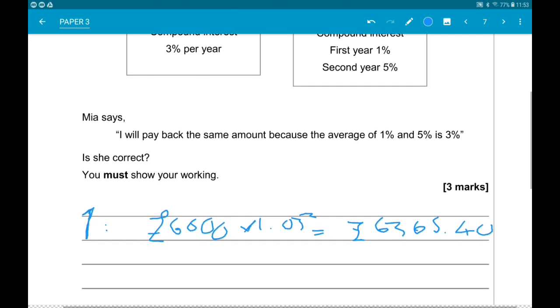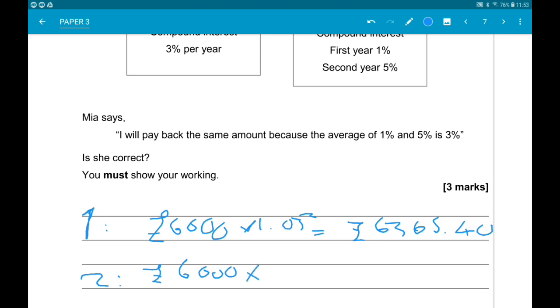And in offer 2, we do 6,000 times 1.01 for the first year, and then times 1.05 for the second year.